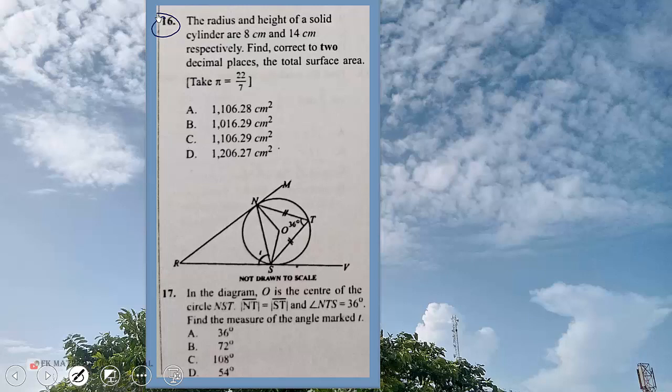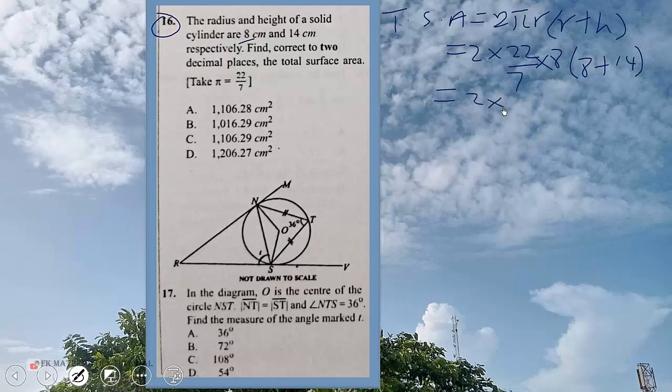So we know that a solid cylinder has total surface area equal to 2 pi r into bracket r plus h. So that will be equal to 2 times 22 over 7 times r, which is 8, times 8 plus 14. That is equal to 2 times 22 over 7 times 8 into bracket 22.